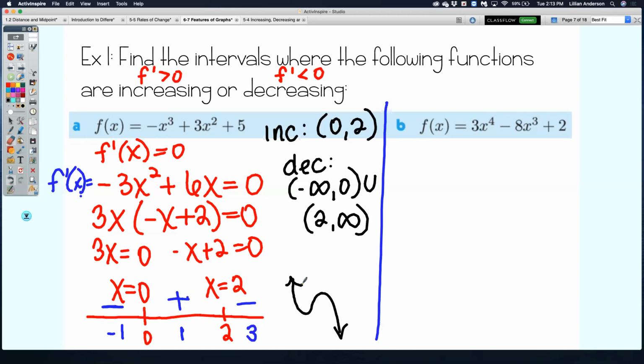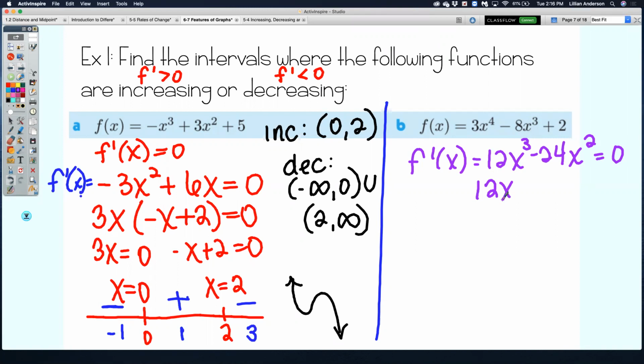I want you guys to try B on your own. The intervals where it's increasing or decreasing. 12x to the third minus 24x squared equals 0. You can factor out what's it called? 12x.